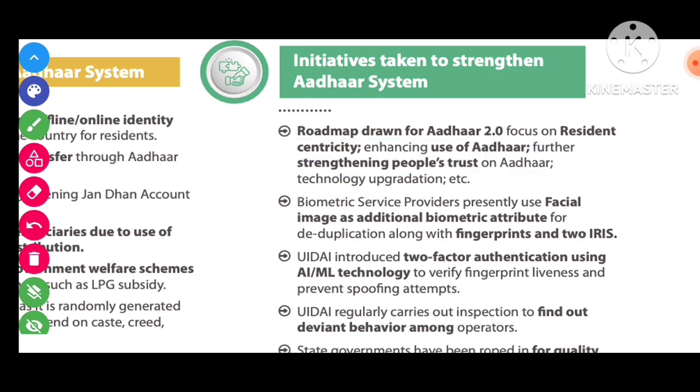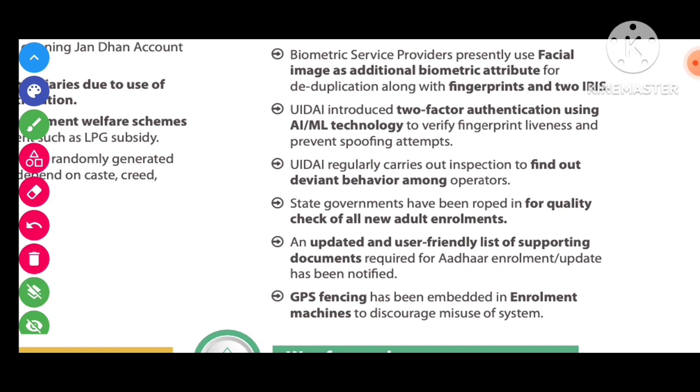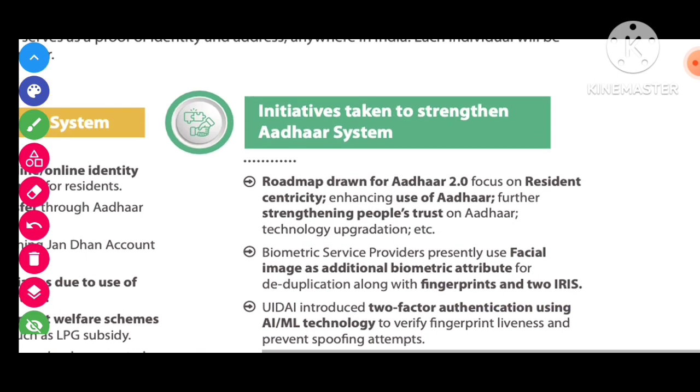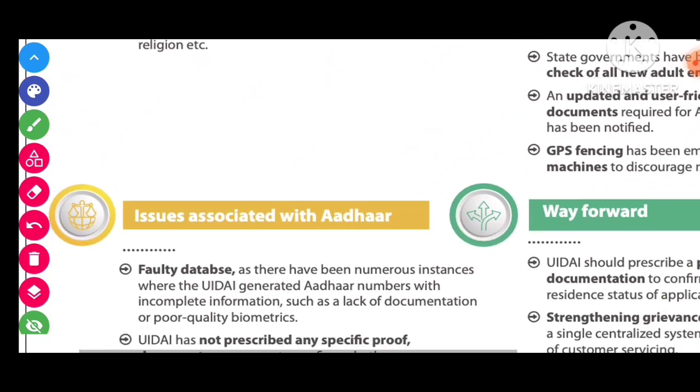Okay, and facial image as additional biometric attribute for deduplication along with the fingerprints and two iris. And UIDAI introduced two-factor authentication using AI or machine learning technology, and find out deviant behavior among operators, and quality check of all new adult enrollments. So these are some initiatives taken for a robust Aadhaar system.